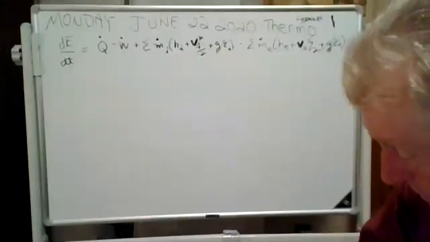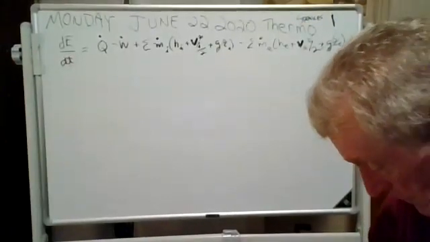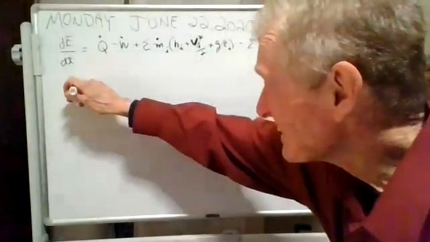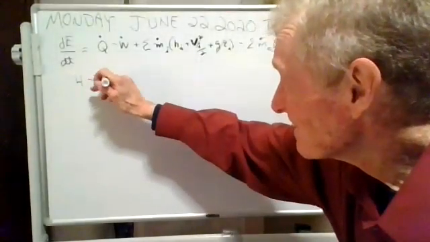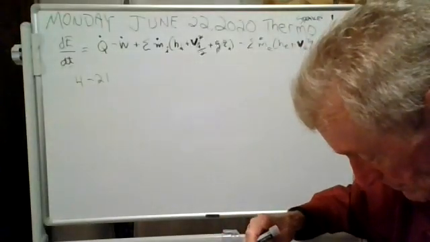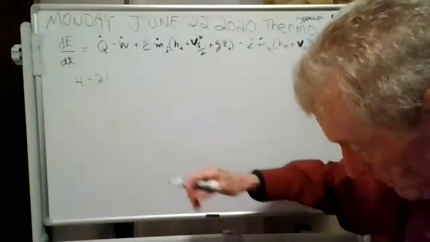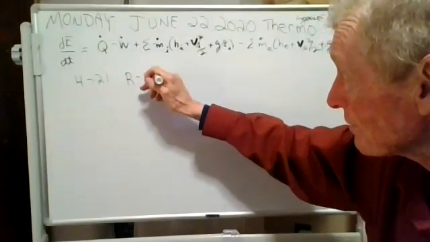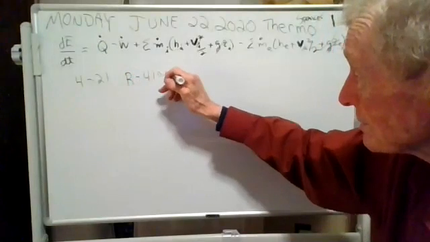Okay, now the next thing we're going to do is 421. And it's also a throttle. It's R410A. That's what I have in my house.